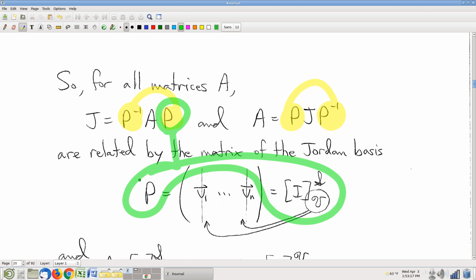Don't forget these change of basis matrices have a nice feature, and that is whatever the input basis is, that's telling you what the columns are in the matrix. Of course, don't forget that when I say the input basis are the columns, what I mean is the input basis vectors with respect to the output basis.